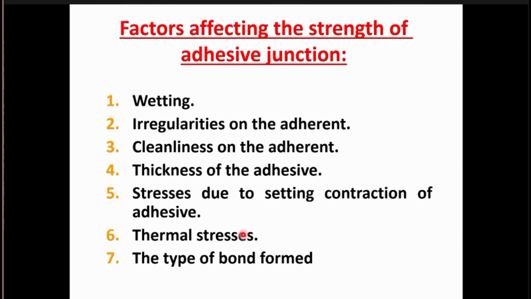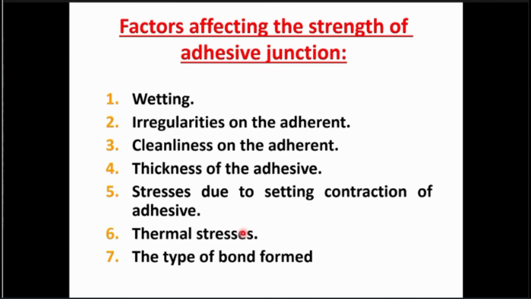Now, this is important to understand which factors affect the adhesion of our materials with the tooth structure. What do you think, what we need about the adhesion? We need a good adhesion or we need bad adhesion? A good adhesion. Yes, we need good adhesion. So all these factors, we will focus on good adhesion, how we get good adhesion.